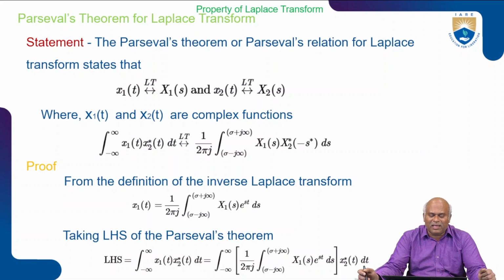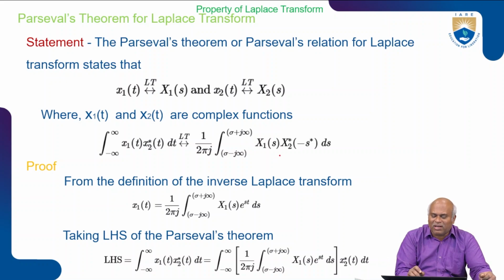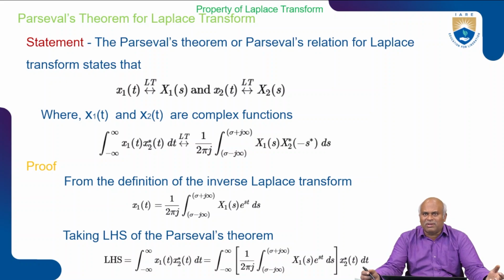Then I write the Parseval statement: the integral from minus infinity to plus infinity of x1 of t into x2 star of t dt is equal to 1 by 2 pi j times the integral from sigma minus j infinity to sigma plus j infinity of x1 of s x2 star of minus s star ds. So this is called the Parseval theorem or Parseval relation.